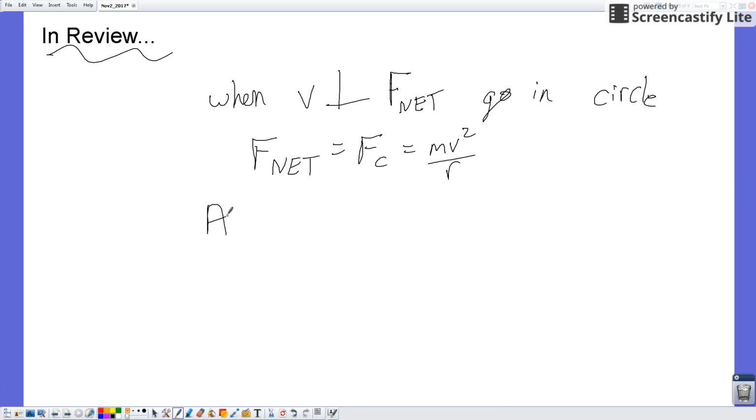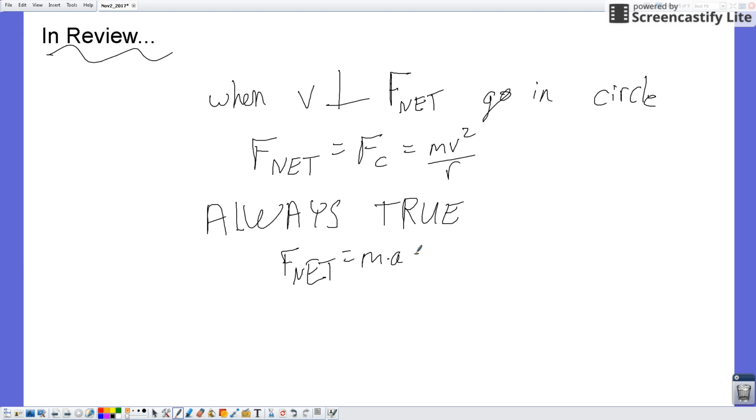In addition, stuff that is always true, F net is m times a. F net is the sum of all forces. That's it. This is everything you need to know to solve all of these problems.